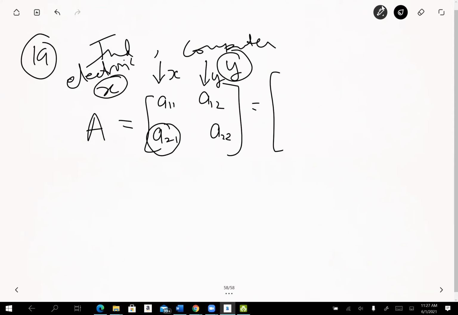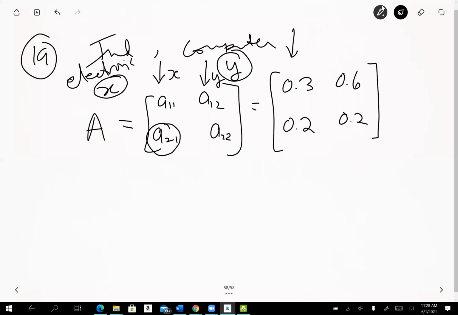So 1 unit of X requires 0.3 unit of X, which is electronic, and then 0.2 unit of computer, which is Y. And then to get the values A12, A22: in order to produce 1 unit of Y, which is the computer industry, we require 0.6 of X, which is the electronic, and 0.2 of computer output. So that would be our technology matrix.